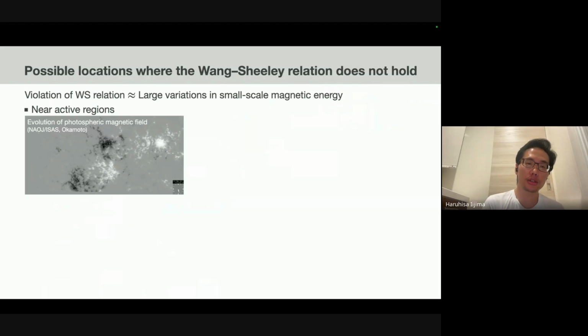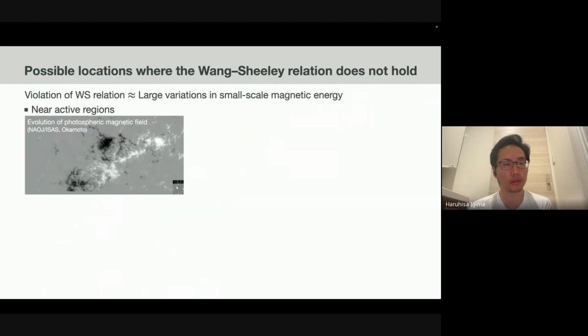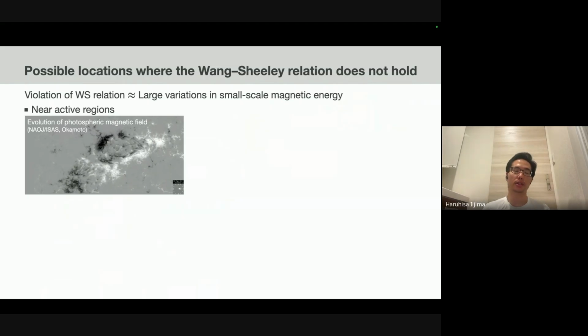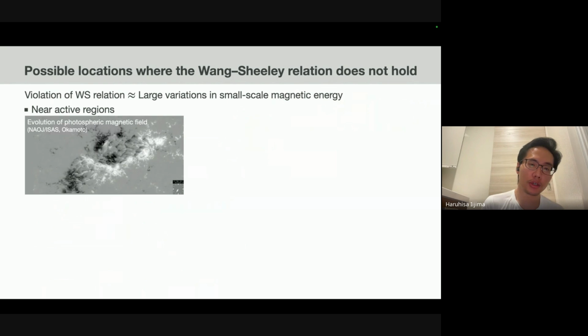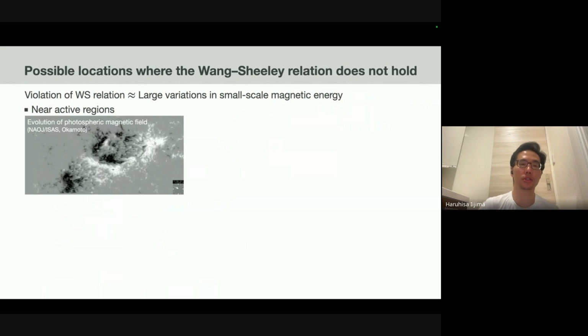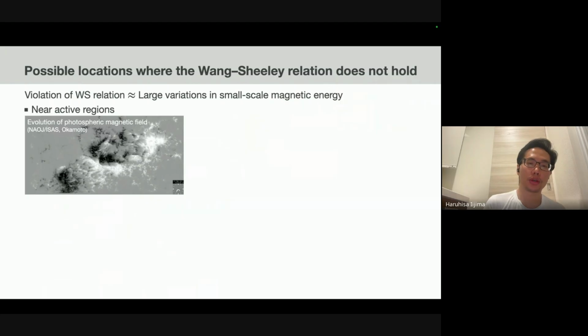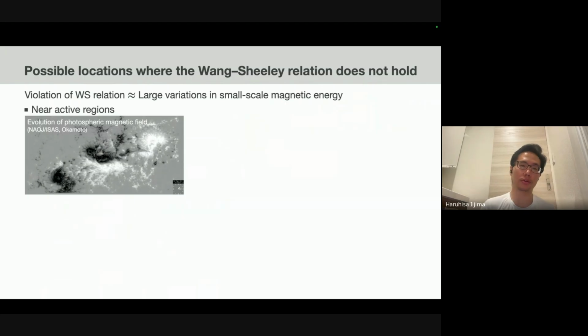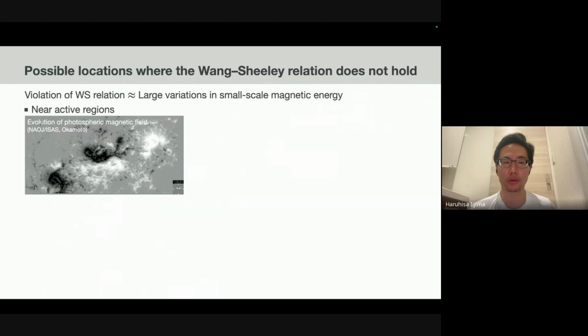Typically, near the active regions, near the sunspots, we have a very strong magnetic field. Horizontal field is transported from the decaying active regions, and the small-scale magnetic energy is over-enhanced compared to the quiet Sun or coronal holes.